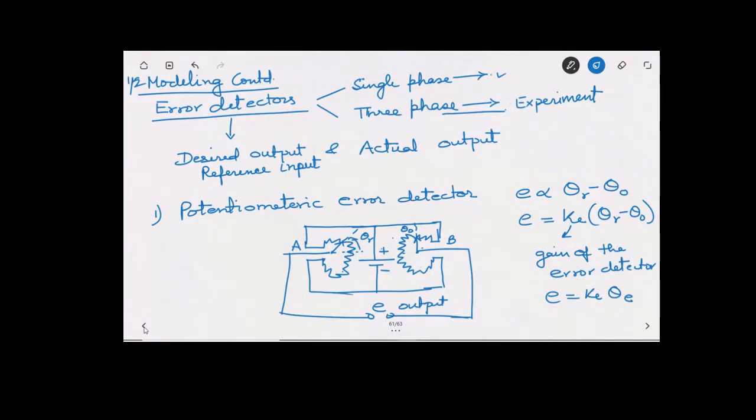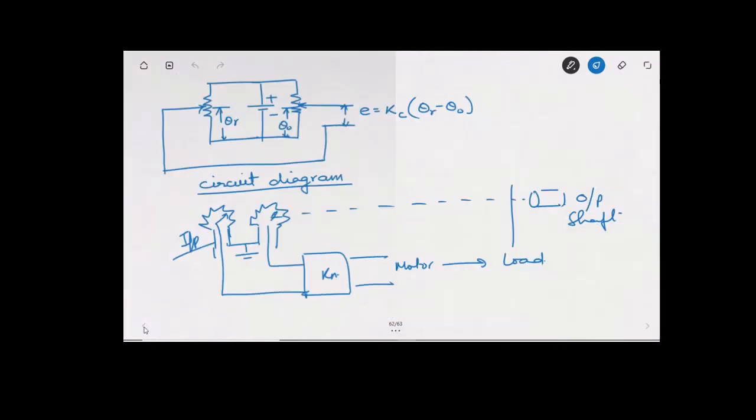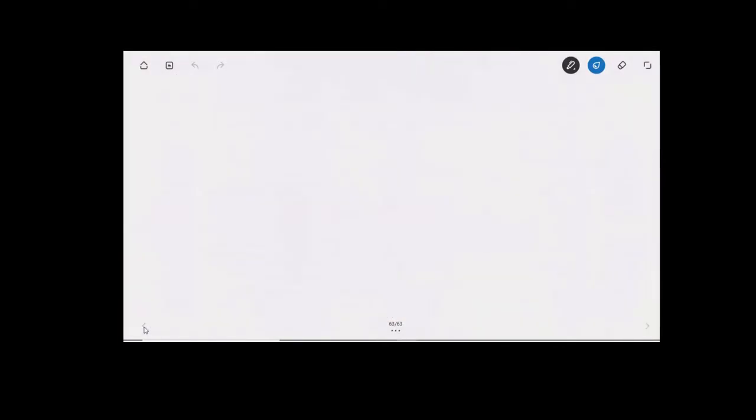Because we have to finally derive the model, we have to convert the differential equation into an algebraic equation, so we take the Laplace transform. We get E(s) is equal to Ke times theta r(s) minus theta naught(s), and this is equal to Ke theta E(s).